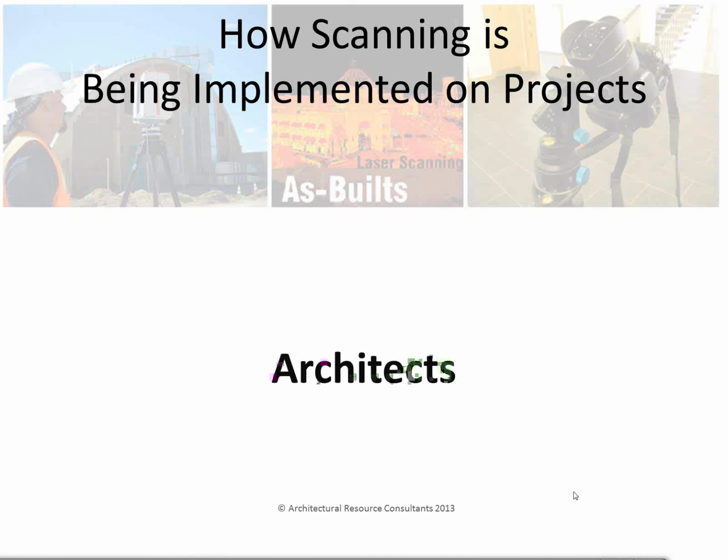All right, so now what I'd like to do is just walk you through some of the ways various people are using these. We'll start with architects. Scanning is really ideal for doing things like building elevations. Doing building elevations through a traditional means with like a tape measure or even a handheld laser can be challenging.